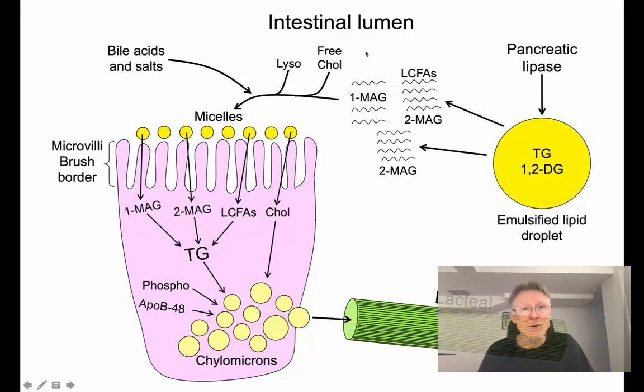So bile acids are released. And along with it, you have lysophosphatidic acid, and you also have some free cholesterol. What happens is that in the presence of bile acids, this is the lipid droplet that contains triglycerides, remember, and some of the triglycerides that have been digested, 1,2-DAG or diacylglycerol.